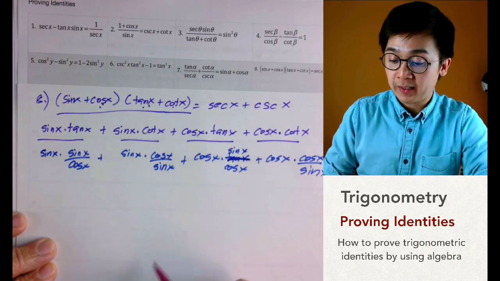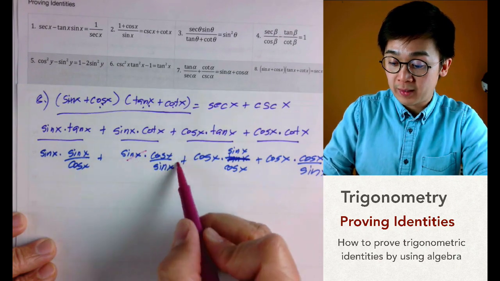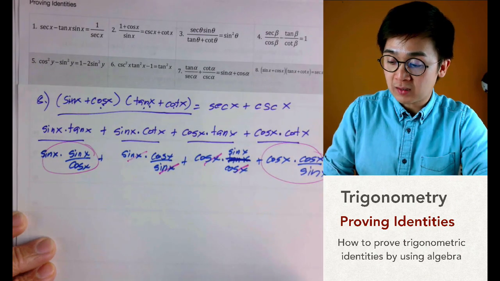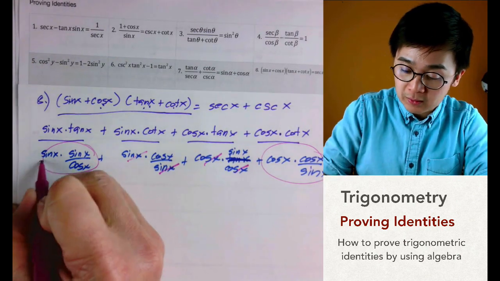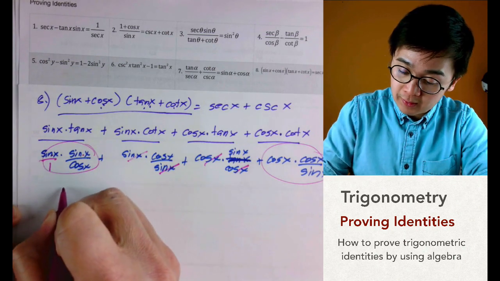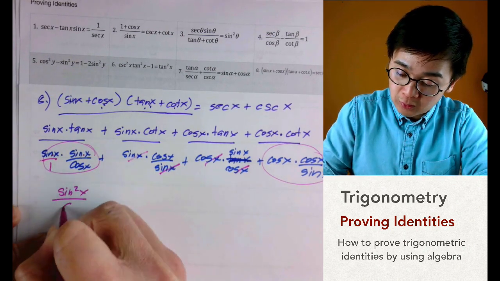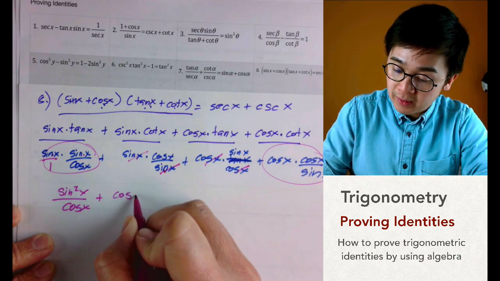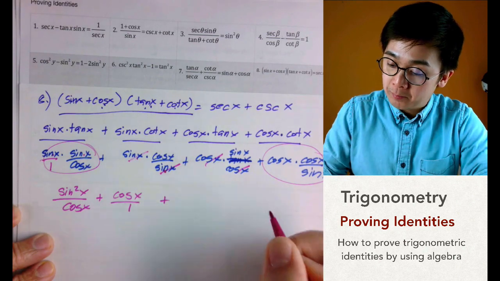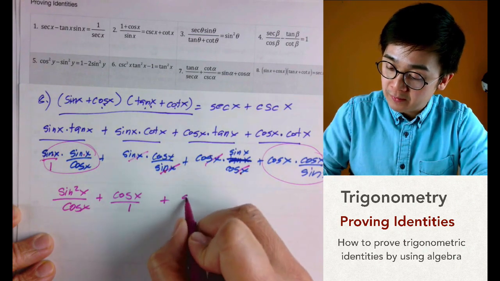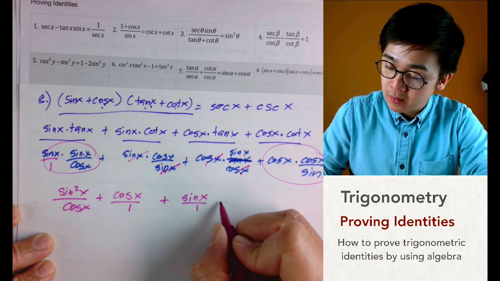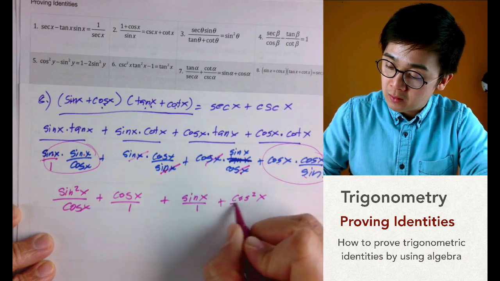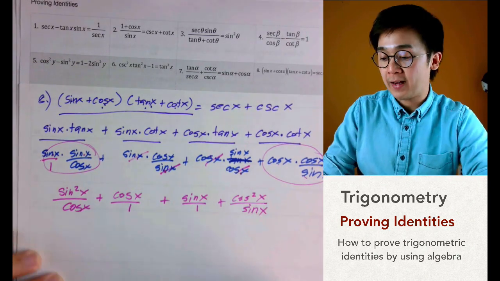And by simplifying some of the terms that we could simplify, like this and this two cannot be cancelled out, but we can combine the sine x because this one is all over 1. So sine x times sine x is sine squared x all over cosine x, plus this one is cancelled out, so we have cosine x all over 1, plus this cancels out, so we have sine x all over 1, plus cosine squared x all over sine x.